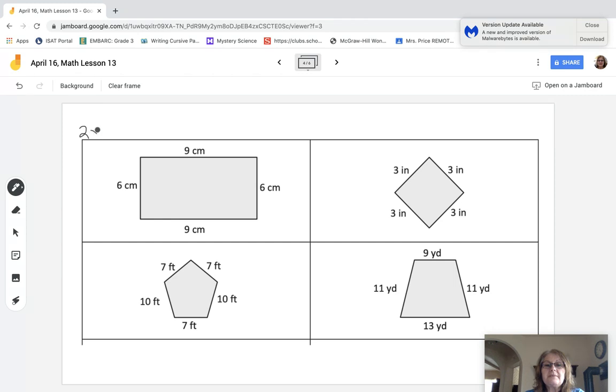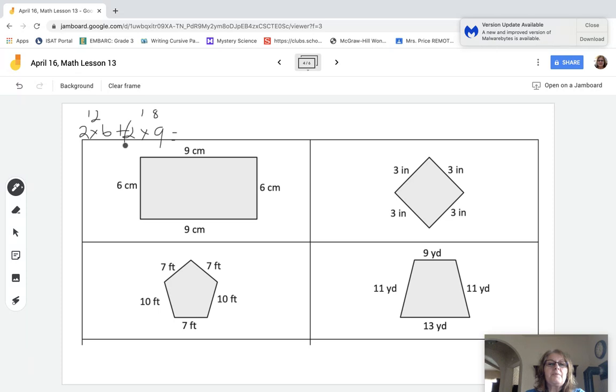2 times 6 plus 2 times 9 equals, well, 2 times 6 is 12, and 2 times 9 is 18.